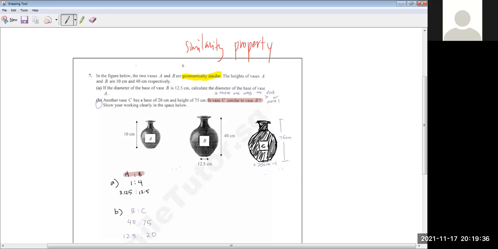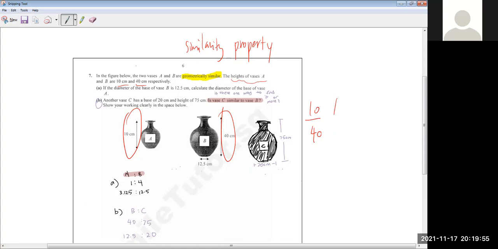How this works is, you are given the length ratio because it says the heights of the vases A and B are 10 and 40. So the length ratio is 10 to 40.